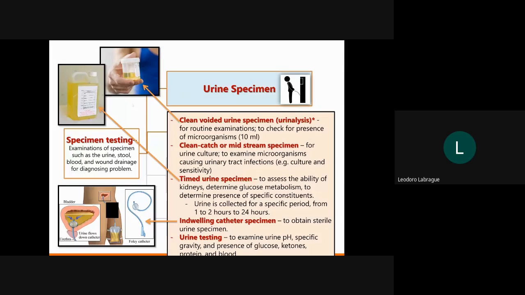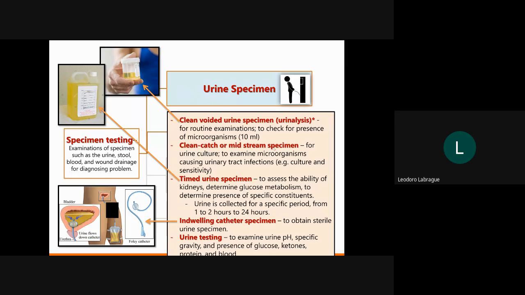The second type of urinalysis or urine examination is called clean catch or midstream urine. This type of urine examination is very unique. Why? Because the urine is sent for laboratory examination in order to identify exactly what microorganism is causing infection to the patient.